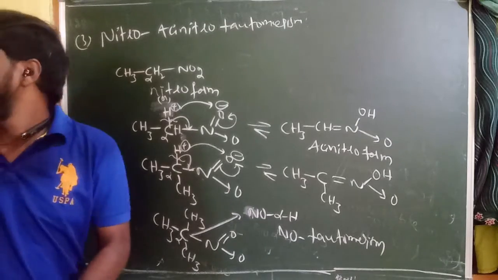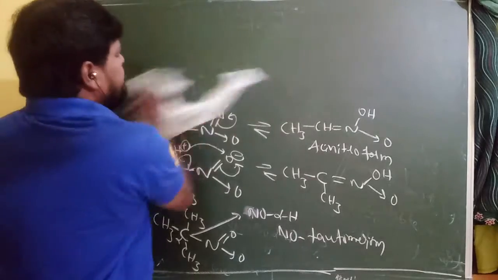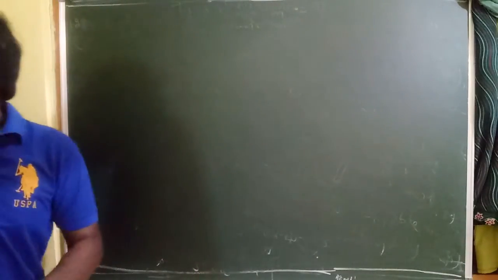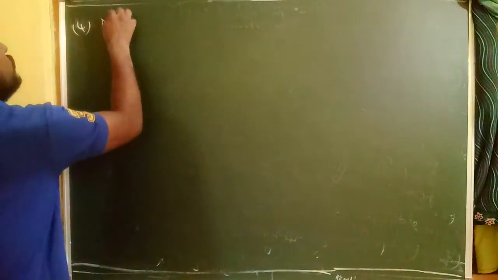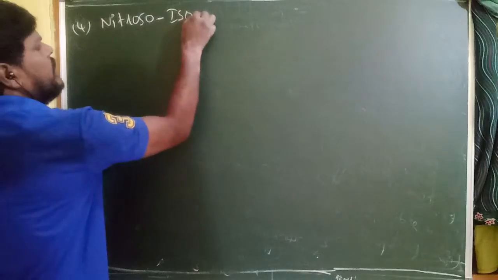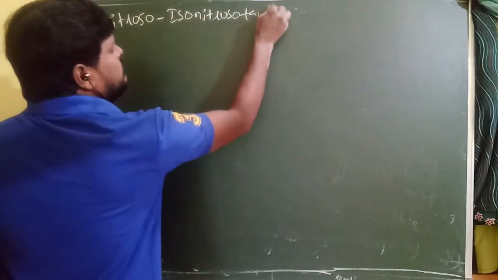The next type of tautomerism, the fourth one, is nitroso to isonitroso tautomerism.